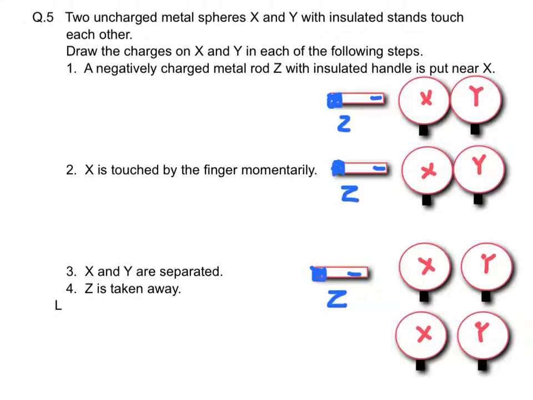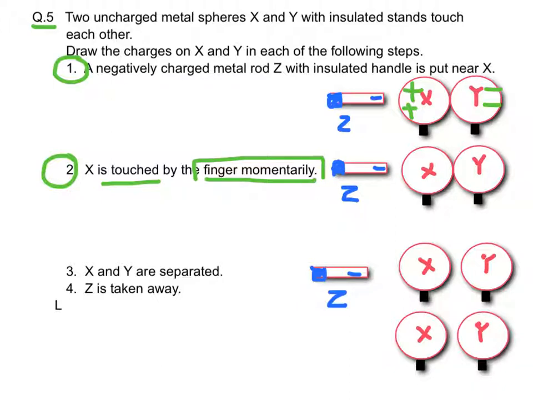Look at question number 5. In step 1, the charges induced on X and Y will be. For step 2, X is touched by the finger momentarily. That means X is earthed momentarily.